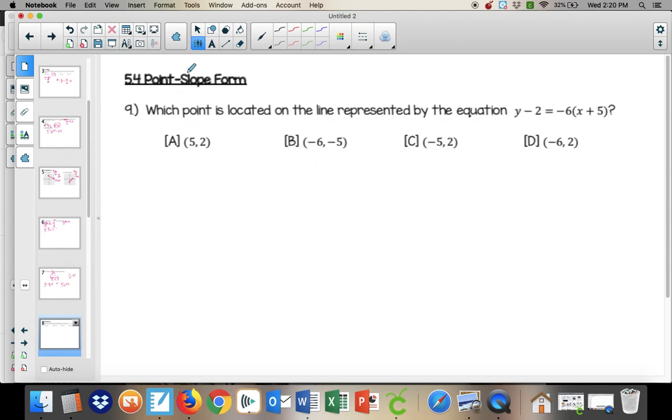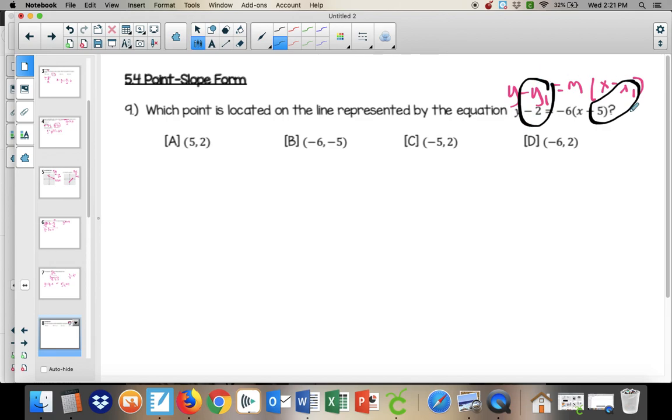All right. Which point is located on this? Well, remember, point slope form is in the form y minus y1 equals slope times x minus x1. It's telling me right here that this is my y value, this is my x value.